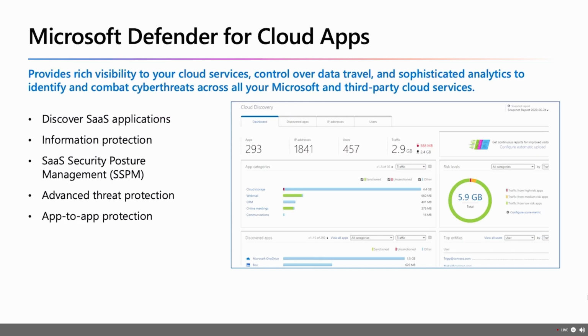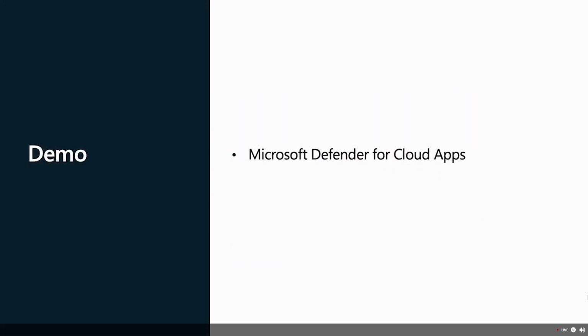It provides app-to-app protection, extending the core threat scenarios to auth-enabled apps that have permission and privileges to critical data and resources. Why not log us into the portal and take a look at Microsoft Defender for Cloud App?